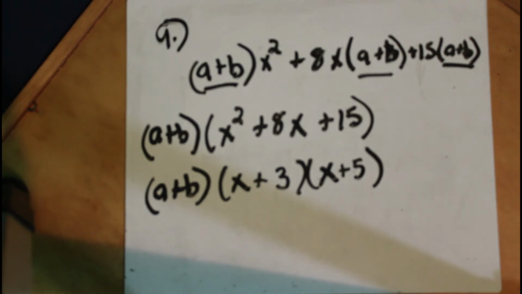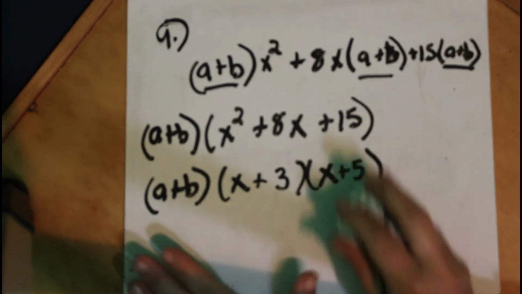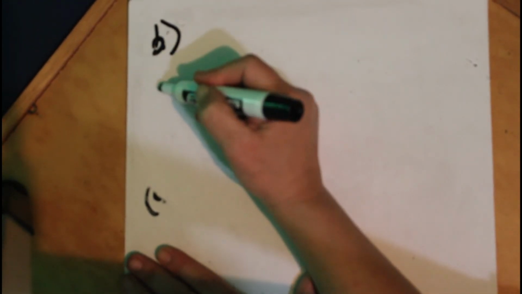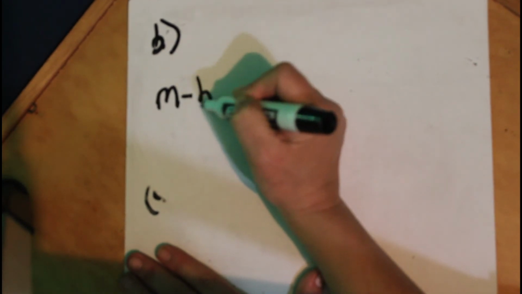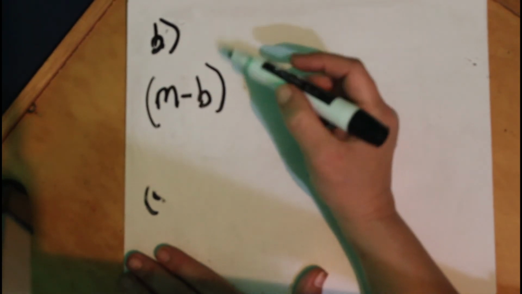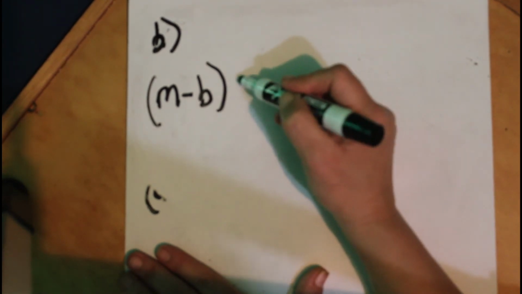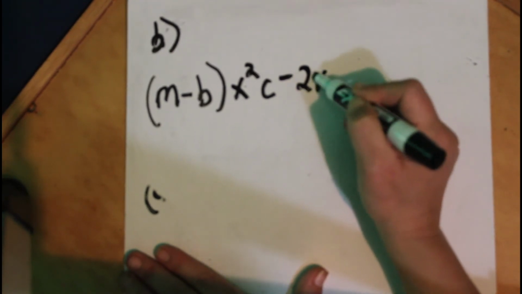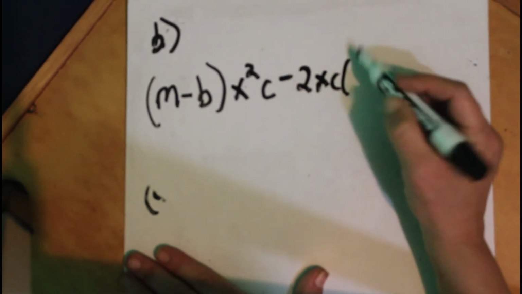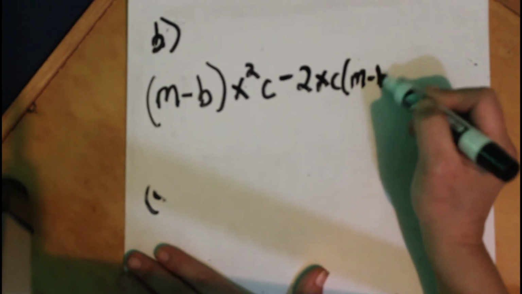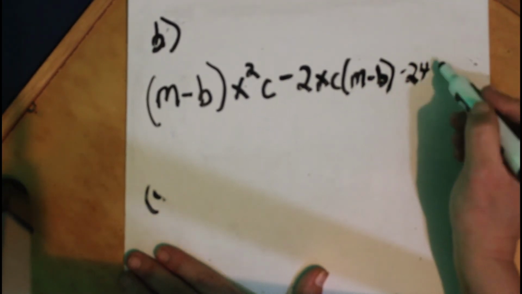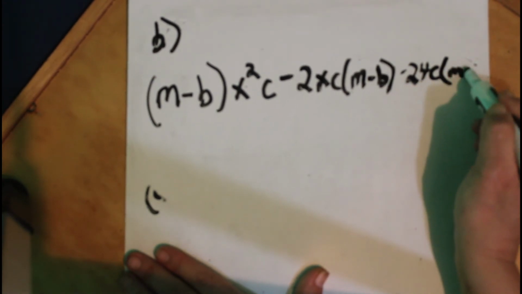Alright. B. B has m minus b times x squared c minus 2x c times m minus b minus 24 c times m minus b.